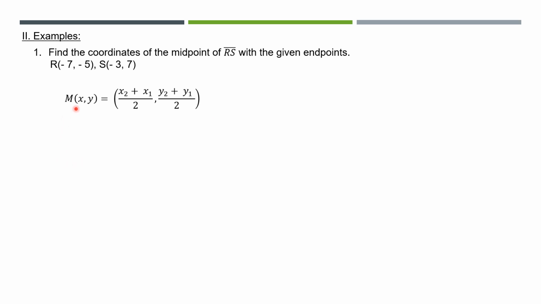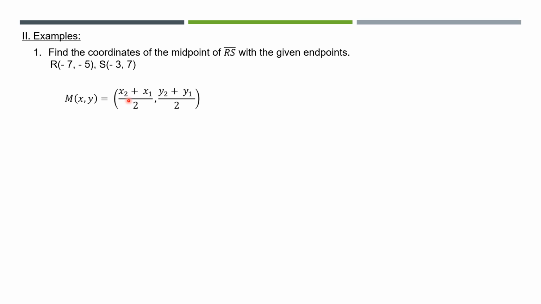So the midpoint x, y will be found by averaging out the x's and then separately averaging out the y's. We're not going to add these together because it's not a single value. It's an ordered pair. So we're going to do what we did yesterday. Go to the second x, -3. Go to the first x, -7.